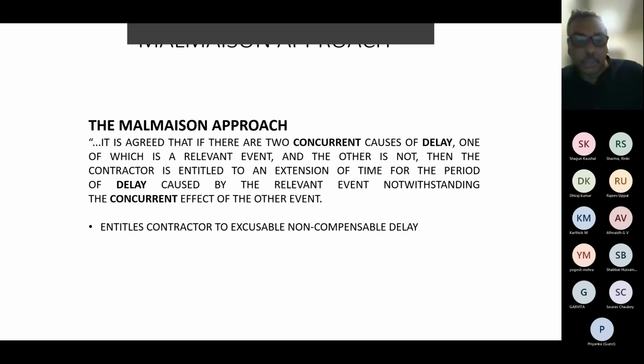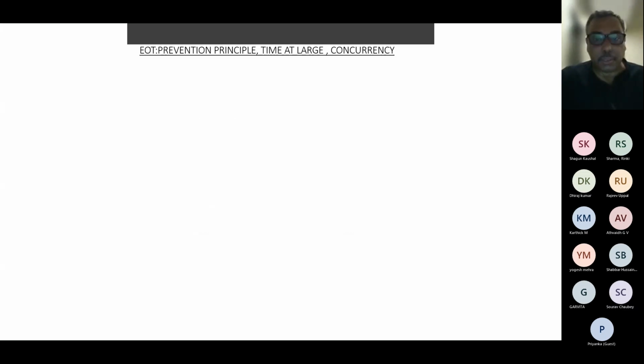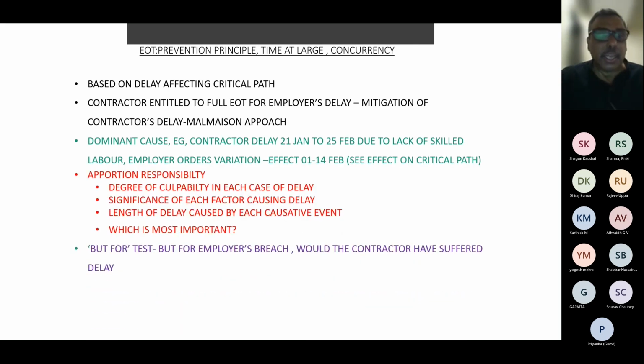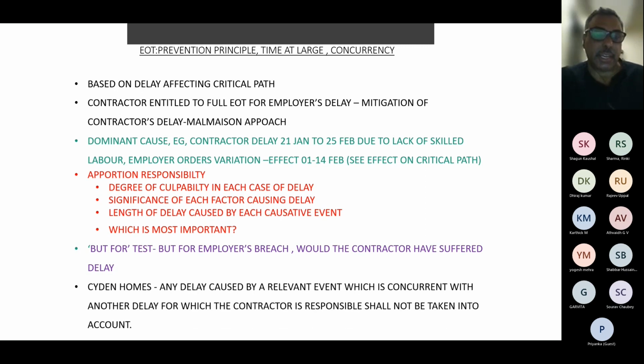However, there are other approaches which can be followed, which generally need a delay analysis expert. The other approaches are the dominant cause approach, which looks at the dominant cause of the delay for the overlapping period.